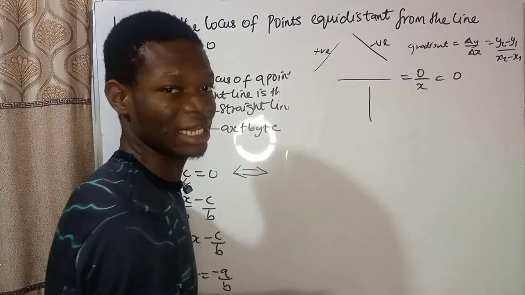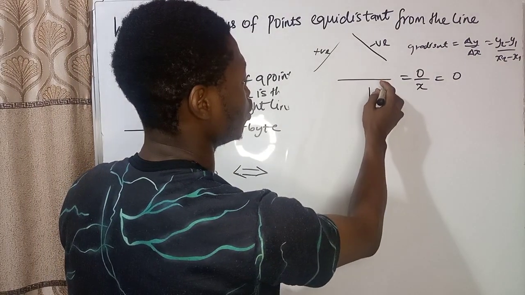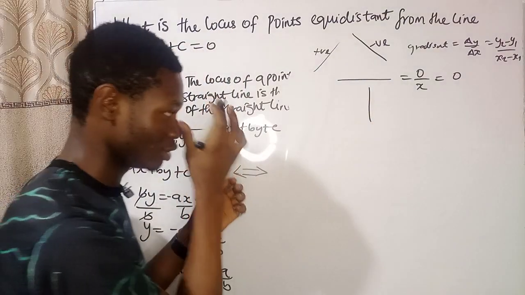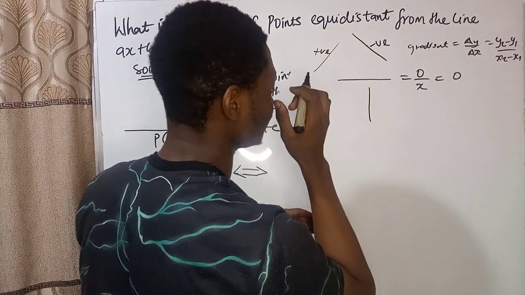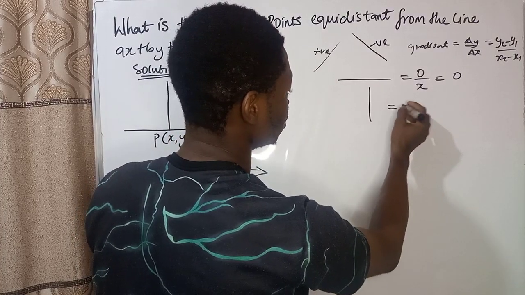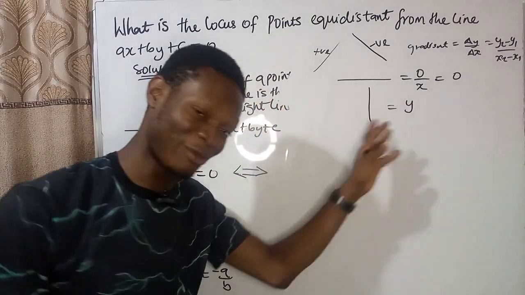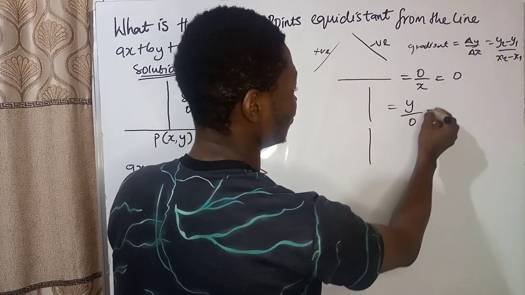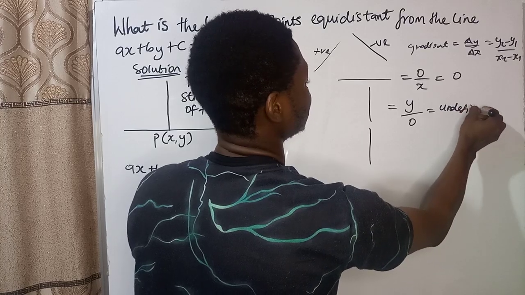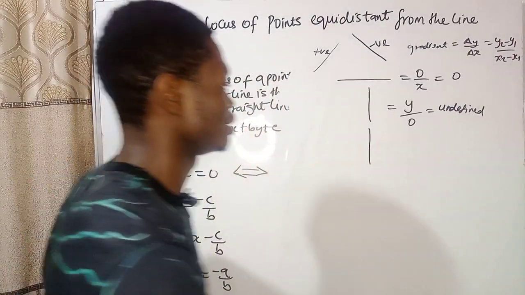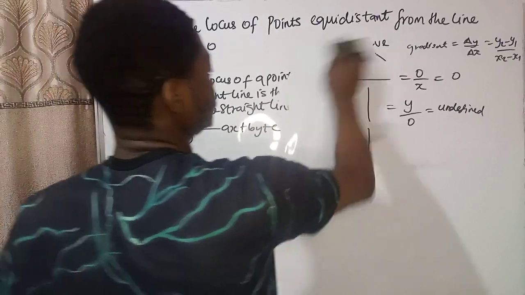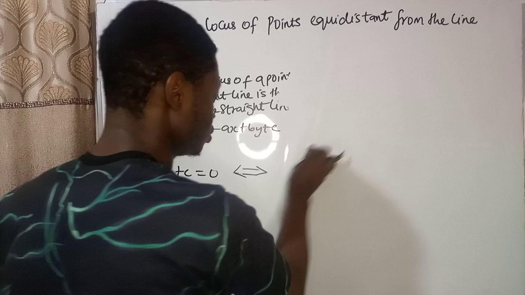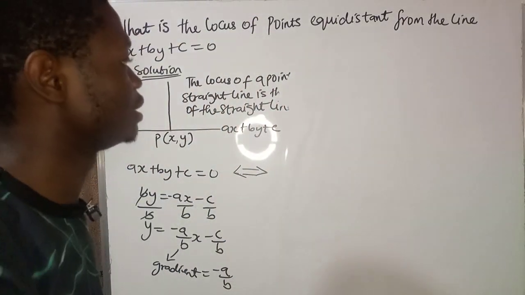But when your gradient is like this, we have y, but there is no x. It's just straight. So we have y over 0, which is undefined because there is no x. So this is our gradient.